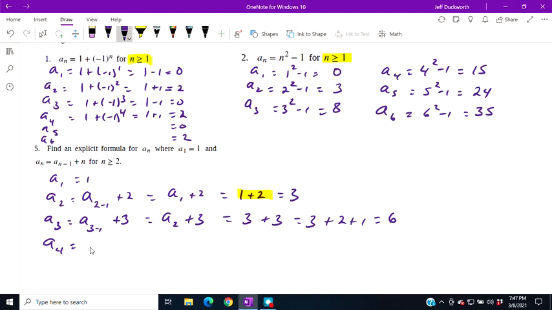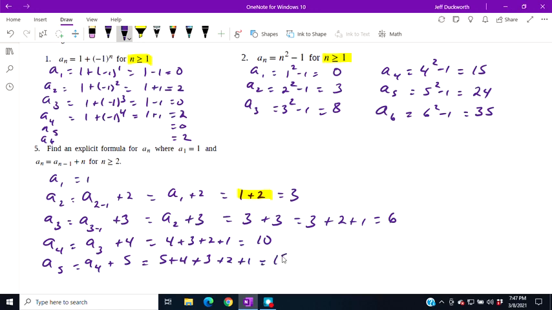a4 will give us a3 plus 4, which is going to be 4 plus 3 plus 2 plus 1, which is 10. a5 would be 4 plus 5, which is 5 plus 4 plus 3 plus 2 plus 1, which gives us 15. And this works its way out as well.